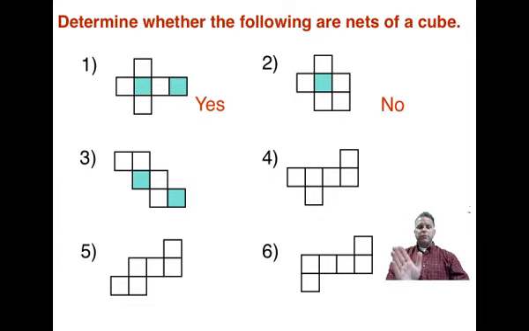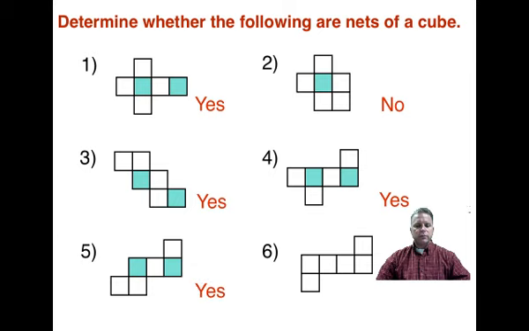You would fold it up and then fold it in, and the other one folds over. Number four, we could get that one to work. Number five, we could get to work. And we also can get number six to work. So hopefully you're able to see those. Again, it's kind of hard on a video to really truly show what's going on, but do the best you can.